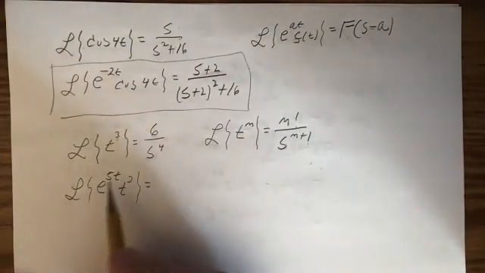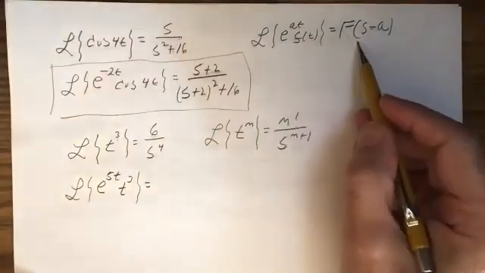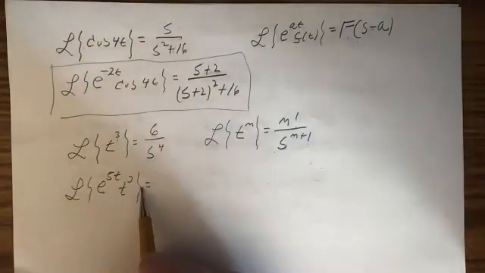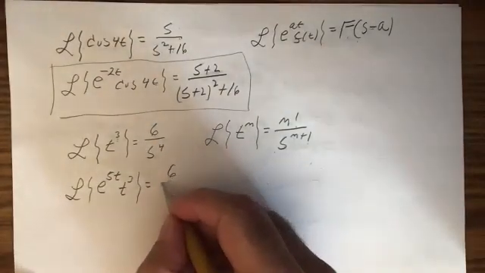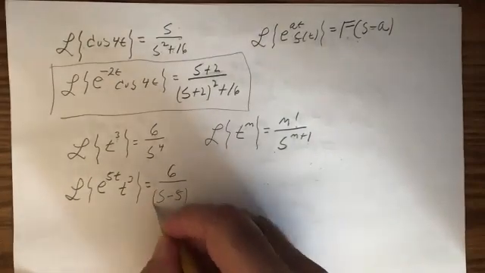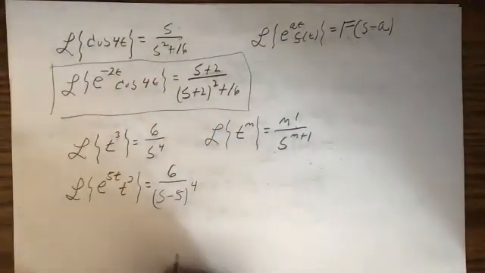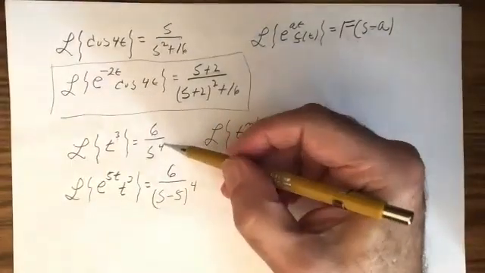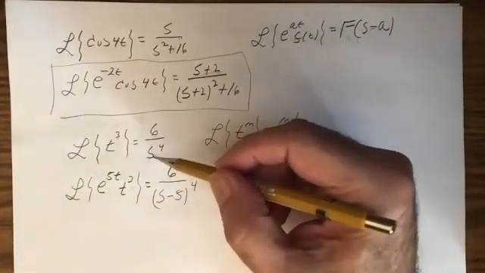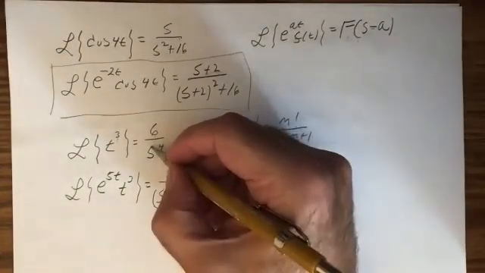Using this property, the Laplace transform of this is 6 over s minus 5 to the 4th, because I have to shift the s.